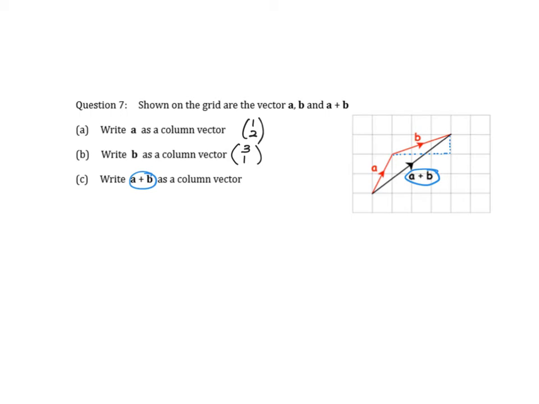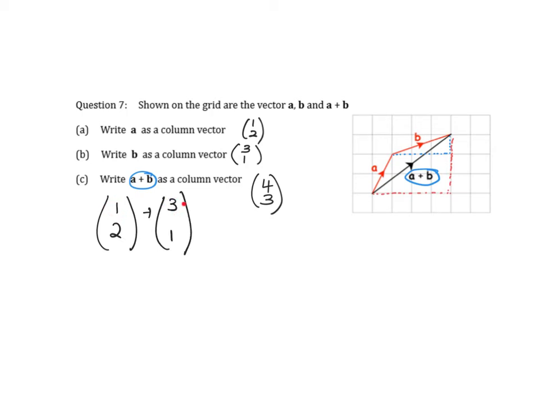By doing the movement of vector A and vector B, that results in a movement of 4 across and 3 up.